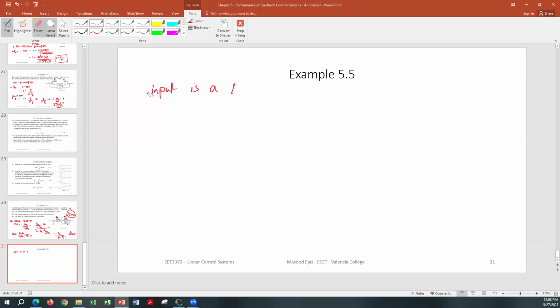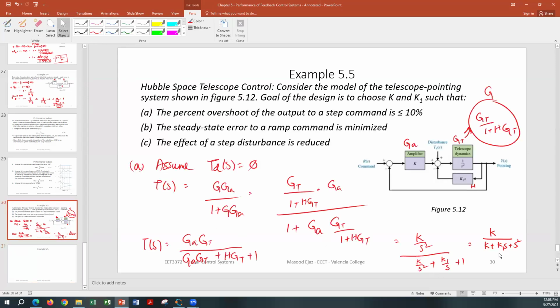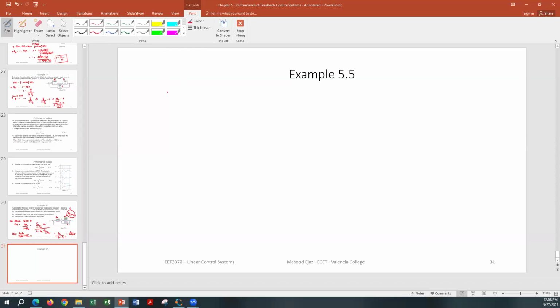Actually, we don't really need to do the input. We can just look at the transfer function and figure it out. Our transfer function is K over S square plus K1S plus K.